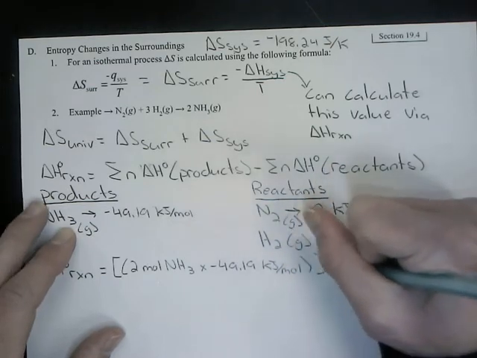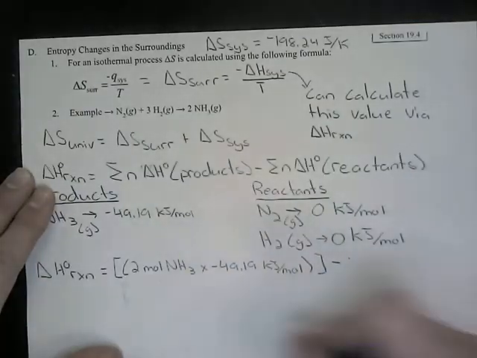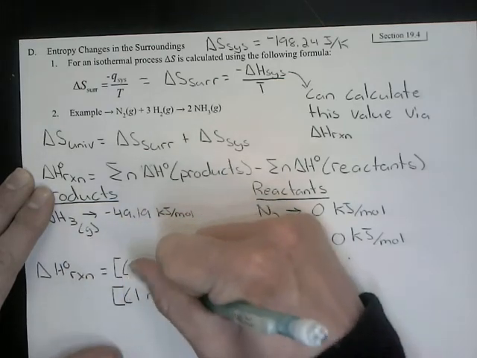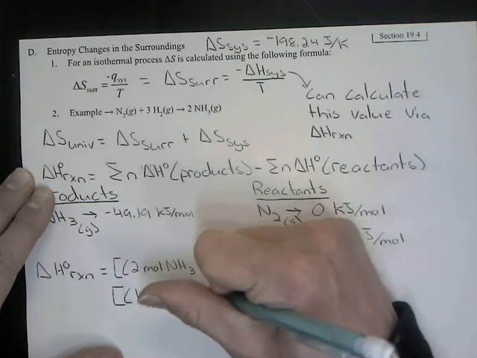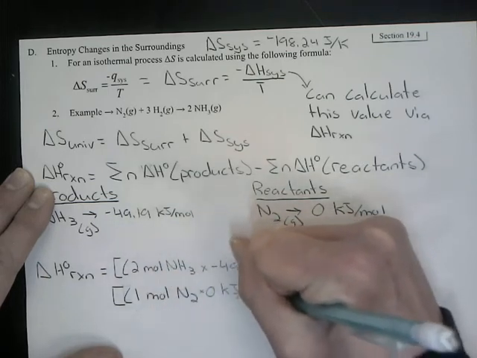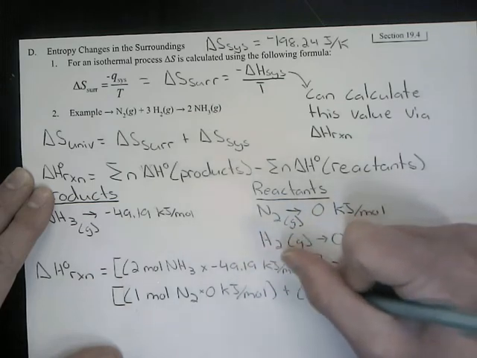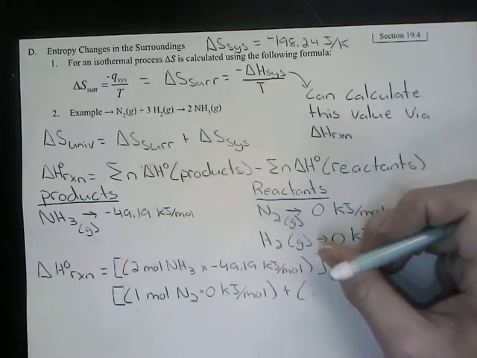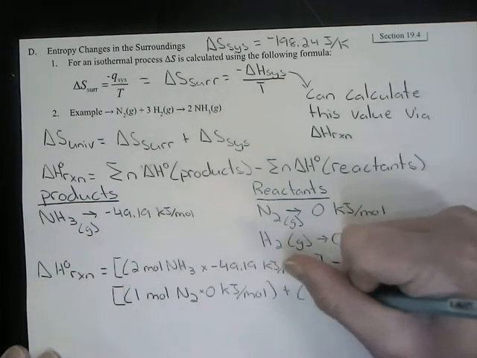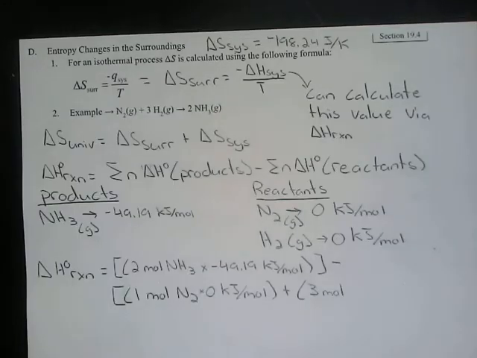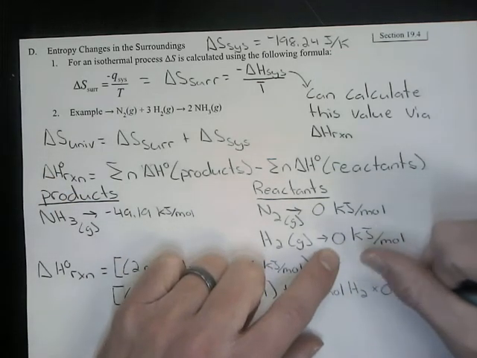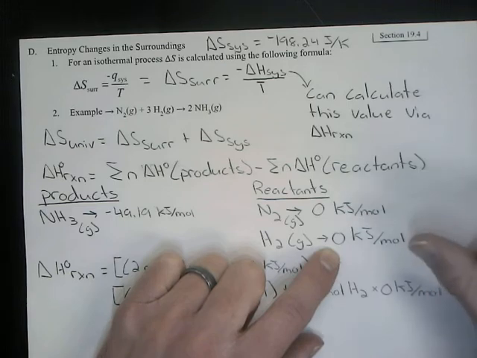You close the bracket, you subtract 1 mole N2 times 0 kilojoules per mole, close the parenthesis, you add that to 3 moles of H2, and again for H2 we just looked up the delta H value of 0 kilojoules per mole.